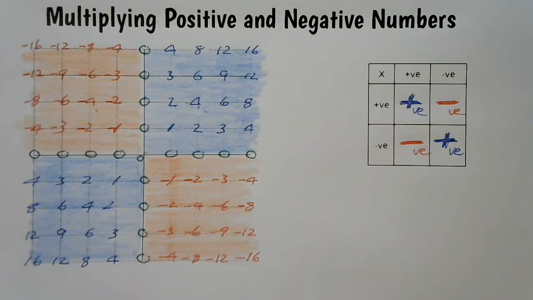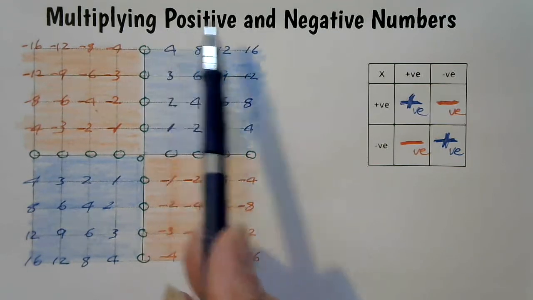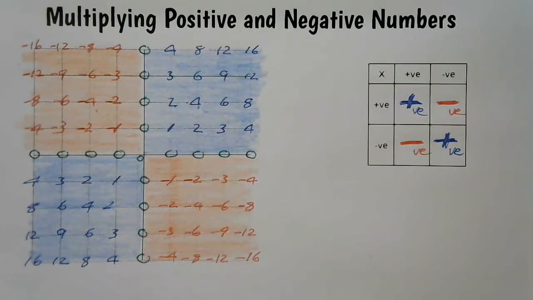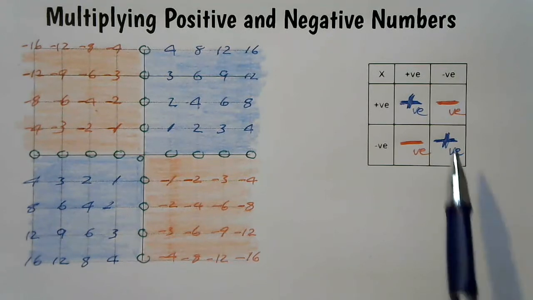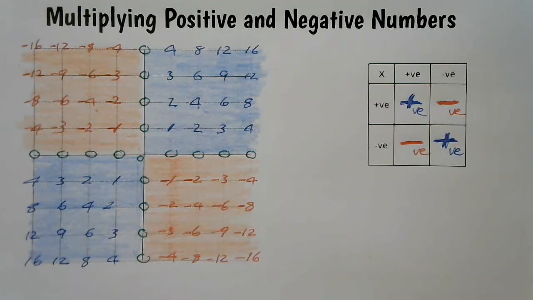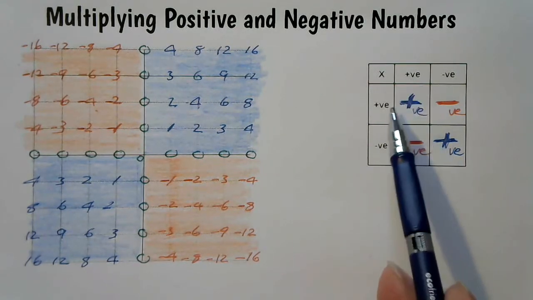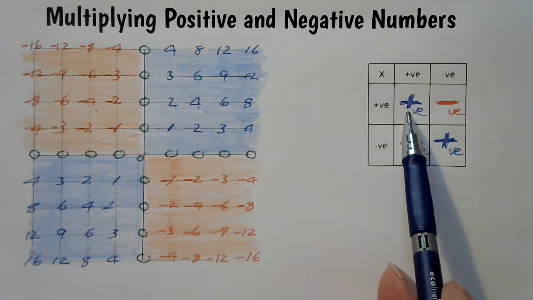And there you go. I think that's a fairly reasonable demonstration. It's not a mathematical proof, but it is a demonstration of what happens when you multiply positive and negative numbers together. And it's fairly simple to remember. Positive, positive, positive.